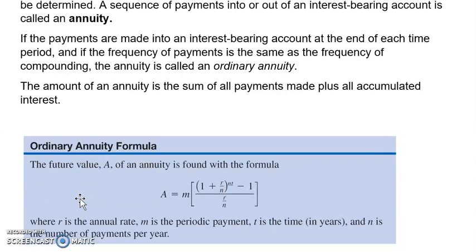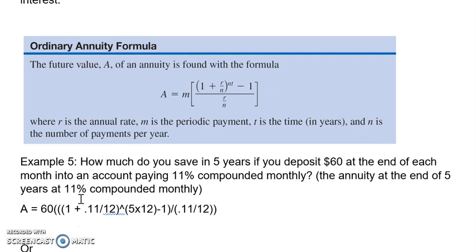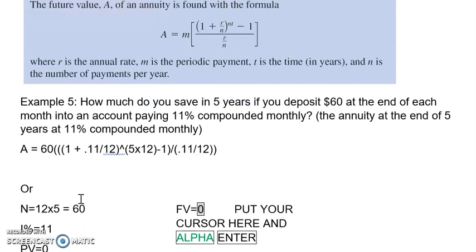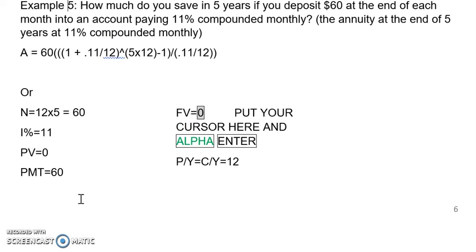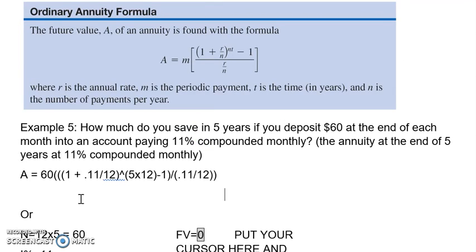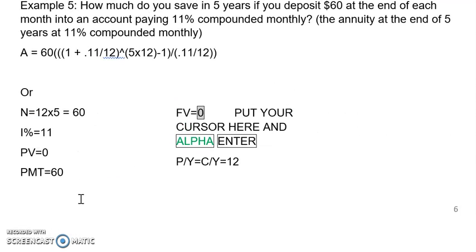Moving along to the next example, this is an annuity application. And you could see how beautiful that formula looks. Have fun. I changed this example slightly from the notes because there were too many 12s in it. So example 5 says, how much do you save in 5 years if you deposit 60 bucks at the end of each month into an account paying 11% compounded monthly?